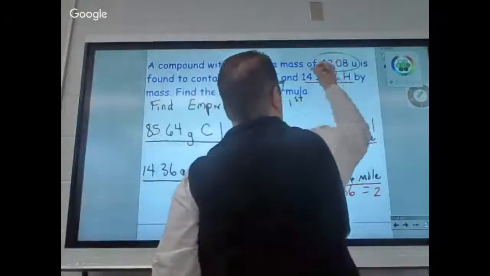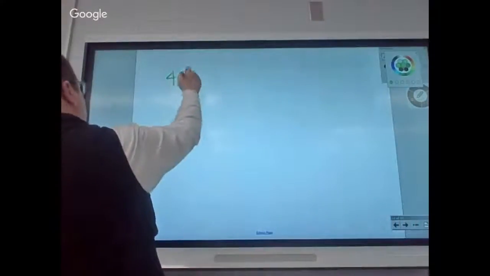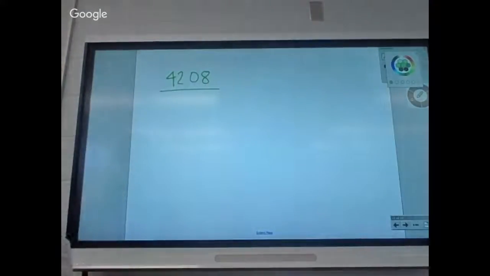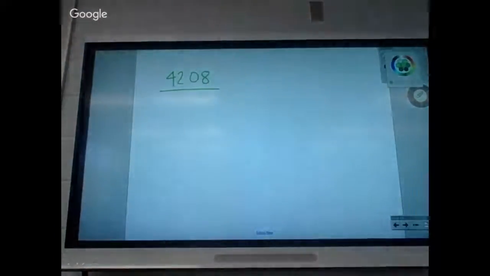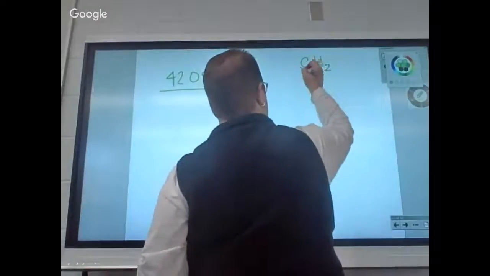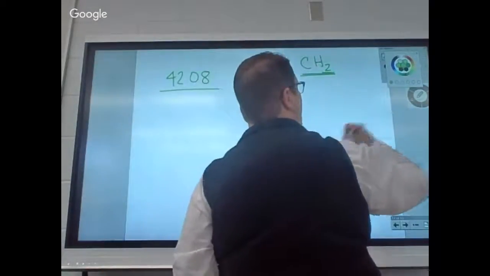I need this number right here. Okay, so I'm going to take the 42.08 and I have to divide it by what? What do I need to put on the bottom? I need to put the mass of my CH2. So I need to take this and I need to find its mass.